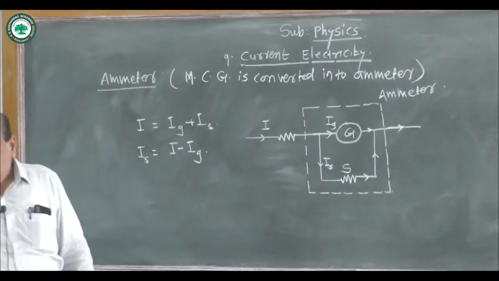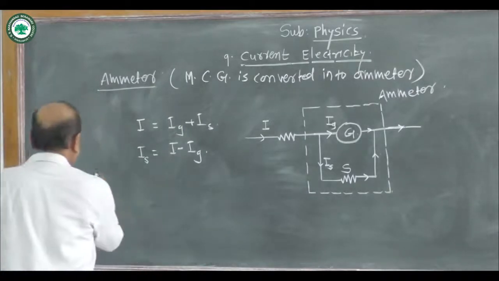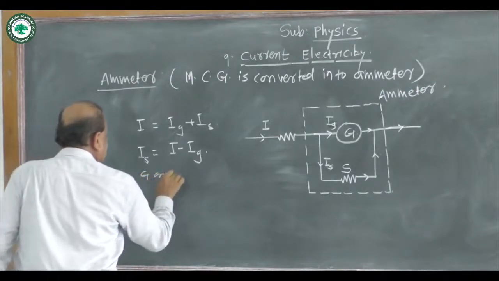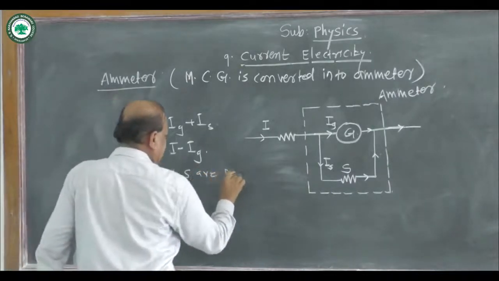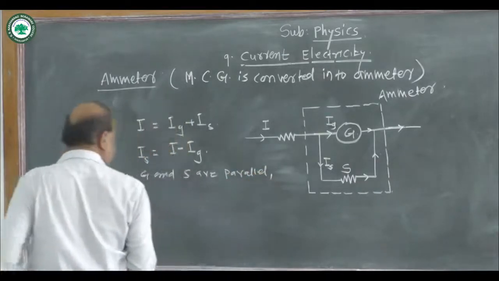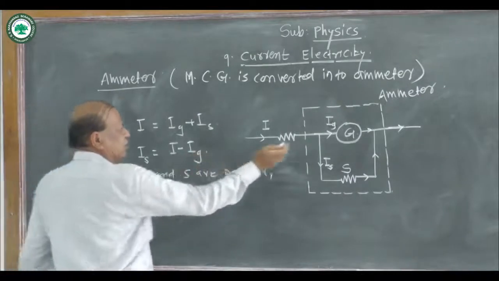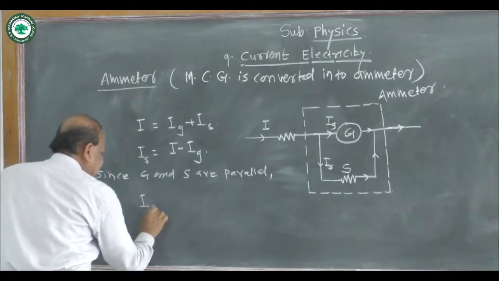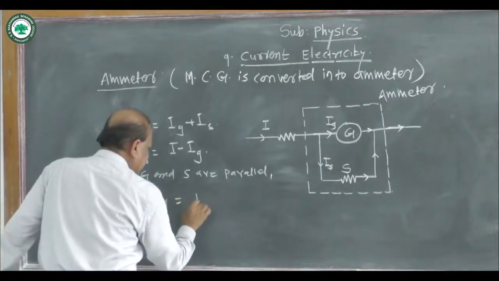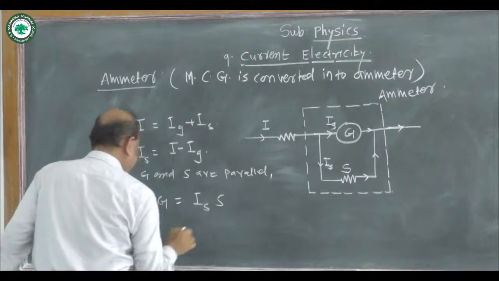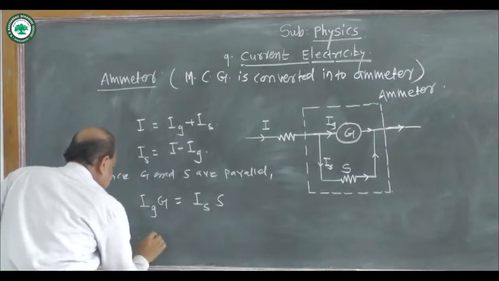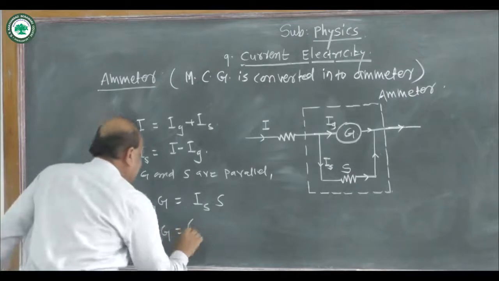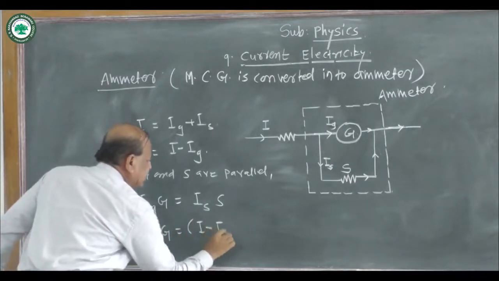Since G and S are parallel, the potentials across the galvanometer and shunt resistance S are equal, that is, Ig into G is equal to Is into S, and therefore Ig into G is equal to, putting this value of Is, I minus Ig into S.